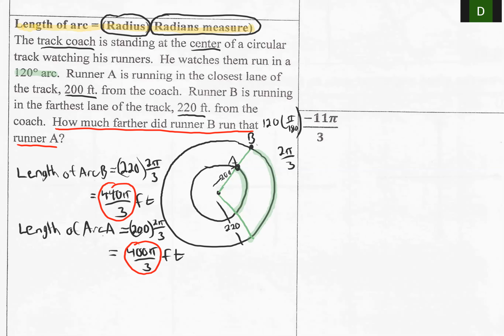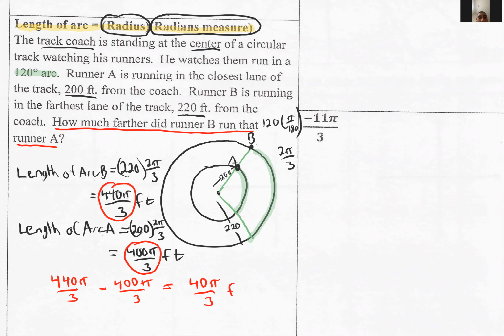So it's going to be 440 pi over 3 minus 400 pi over 3. This is going to give me my answer, which is 40 pi over 3 feet.